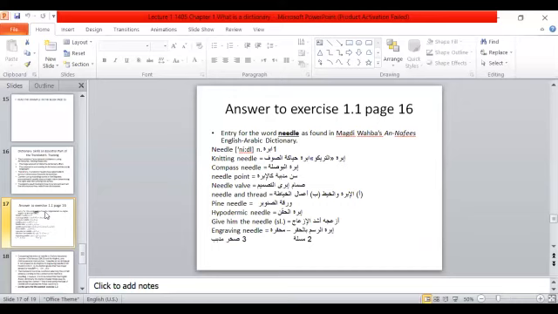Needle. First, we have the entry for the word needle as far as found in Magdi Wahba's and Nafis English Arabic Dictionary.